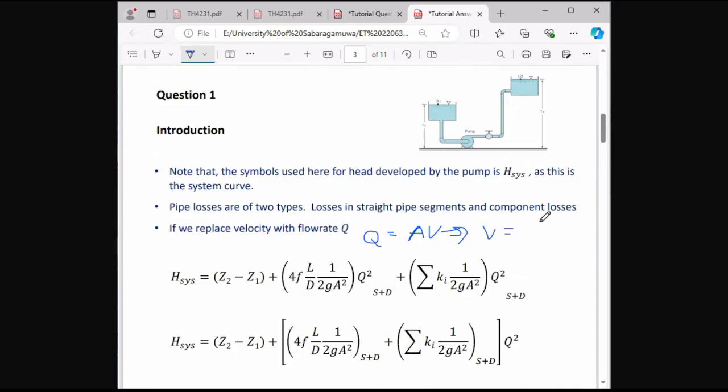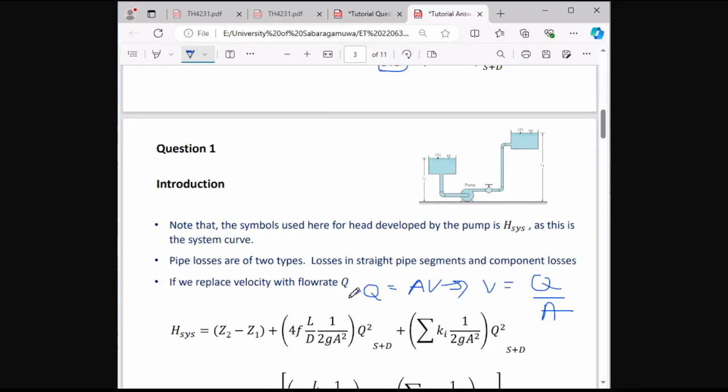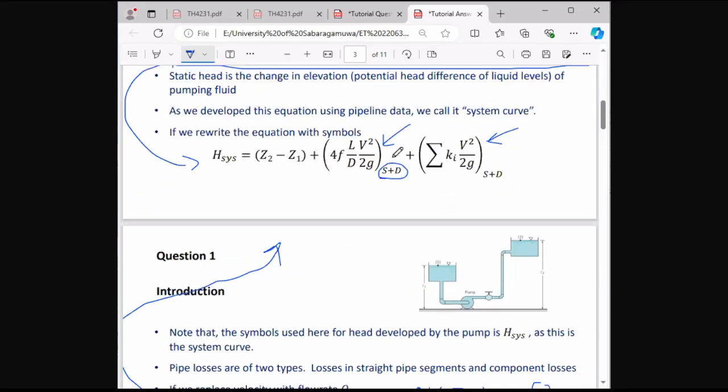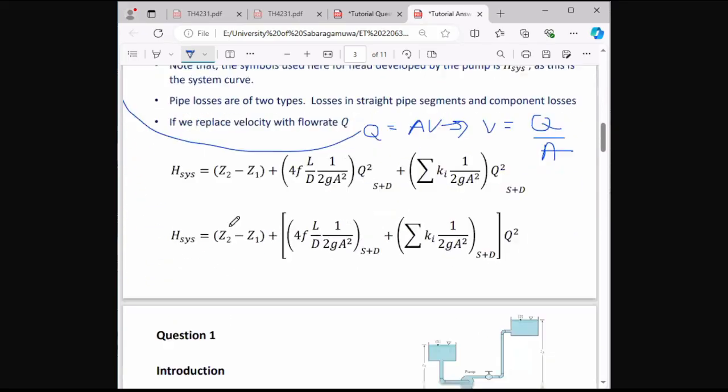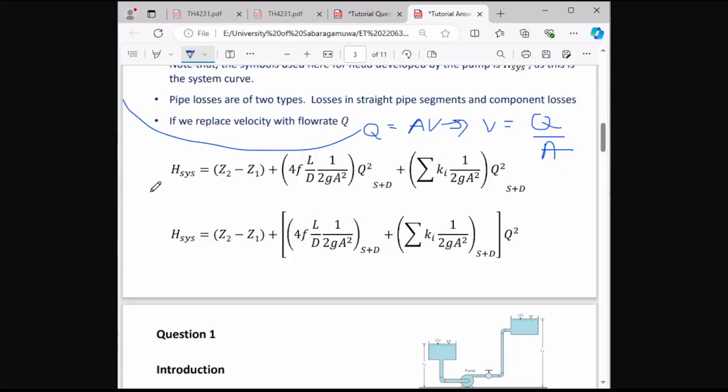V equals Q divided by A. Then you can use this Q equals AV in this equation. Then you can remove this V part using V equals Q divided by A. Then you will receive this equation. This one.